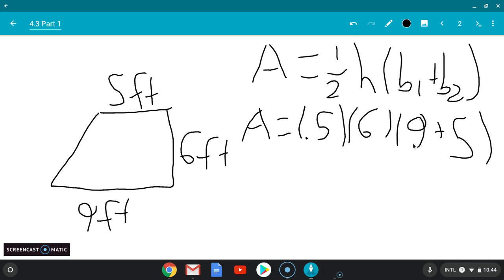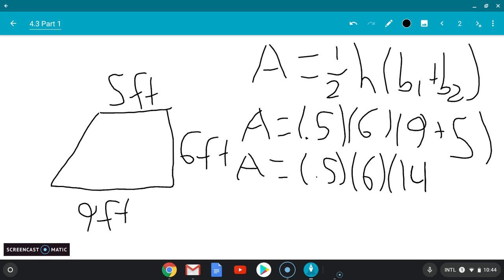Well, I'm going to do what's inside the parentheses. There's nothing to do inside this set of parentheses or this one, but in here we have 9 plus 5. So I'm going to rewrite my formula, my problem, with area equals 0.5 times 6. 9 plus 5 gives me 14. All right, so now I have 0.5 times 6 times 14.